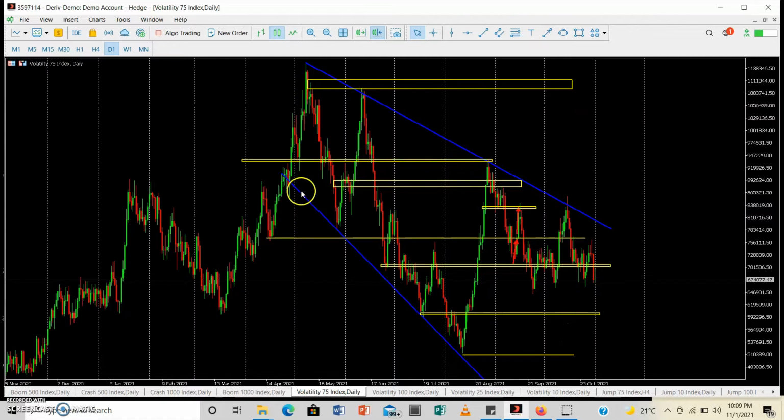The market moves in impulses and retracement, right? So we don't expect price to just move in a straight line, but we expect price to breathe in and out, and this is exactly what is happening with our V75.